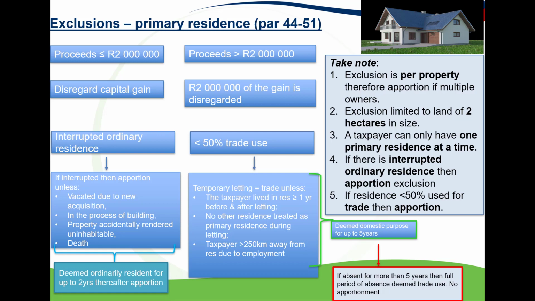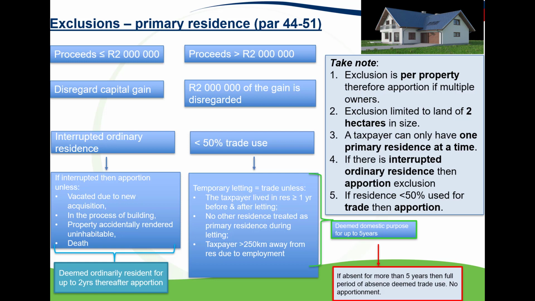In this case, the taxpayer will be deemed to be ordinarily resident in the property for up to 2 years, and thereafter they should apportion the gain that needs to be excluded, right?